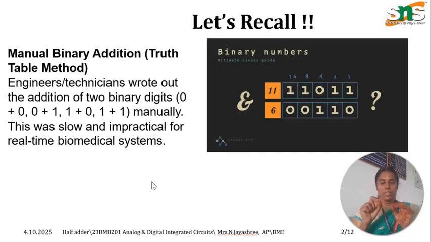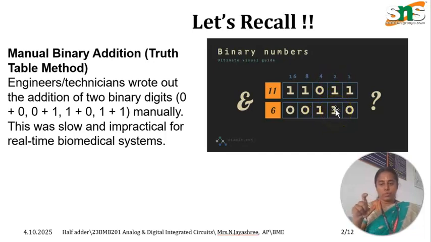Each and every time the engineers need to write a long string for these binary digits, that is, for a particular decimal digit. Suppose if it is 11, we should write 1011. If it is a 6, in the fourth place it will be 1 and in the second place it will be 1.